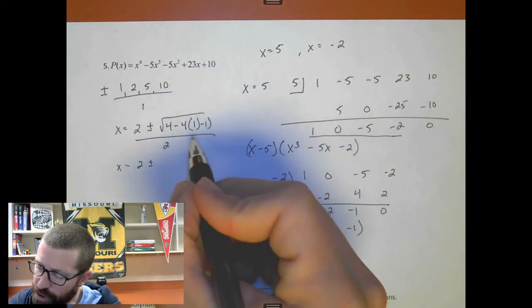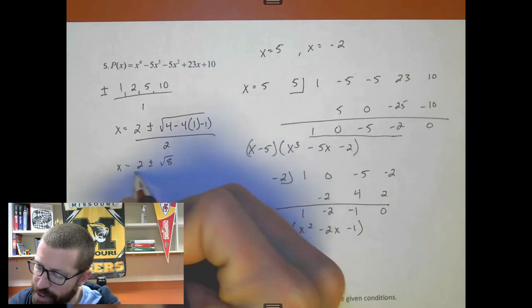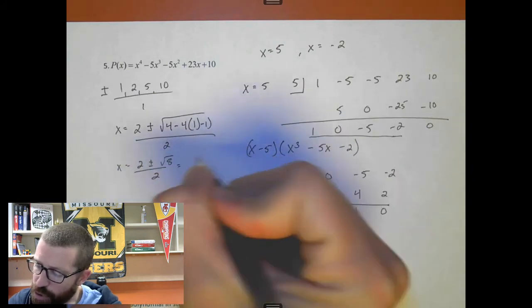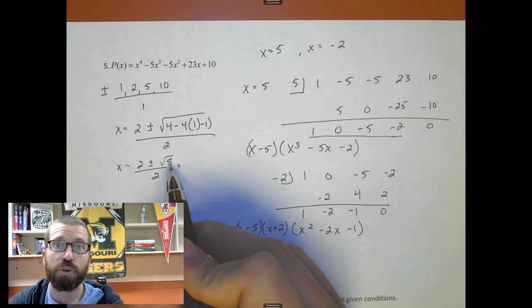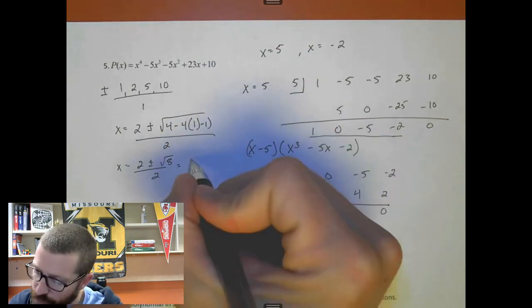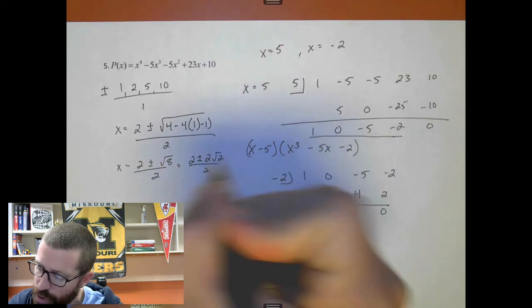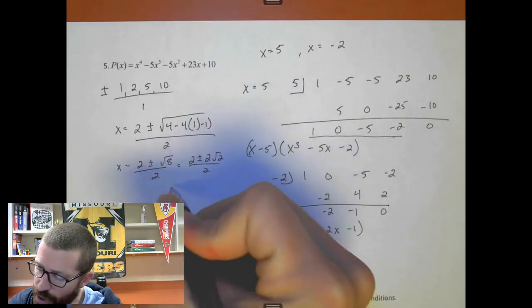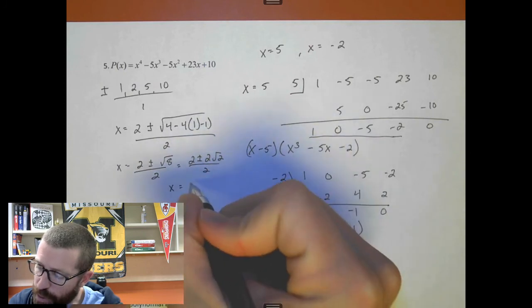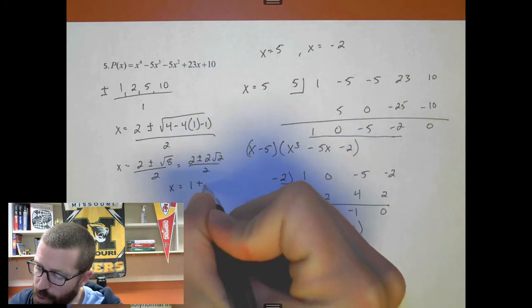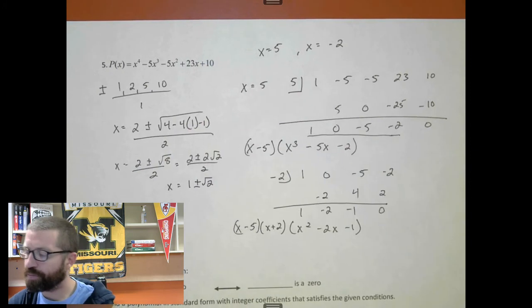This time you get 8, which can be reduced to 2 square root of 2. So they get square root of 4. Which again reduces to x equals 1 plus or minus the square root of 2.